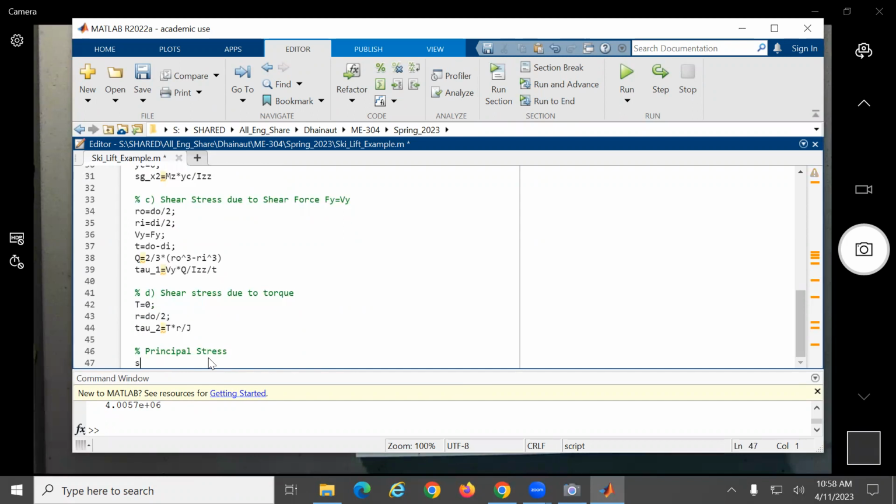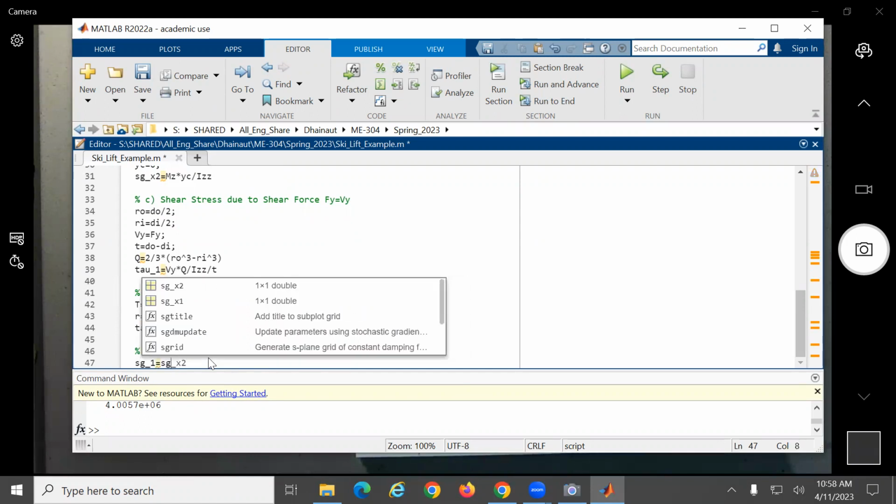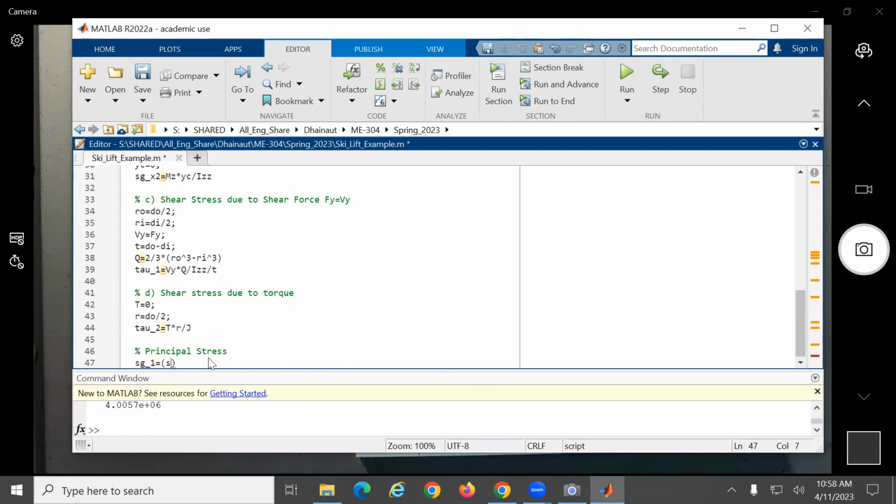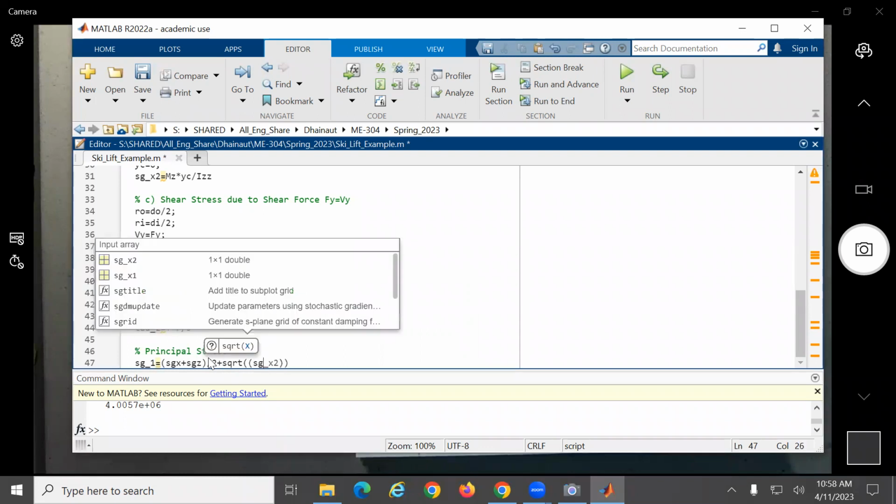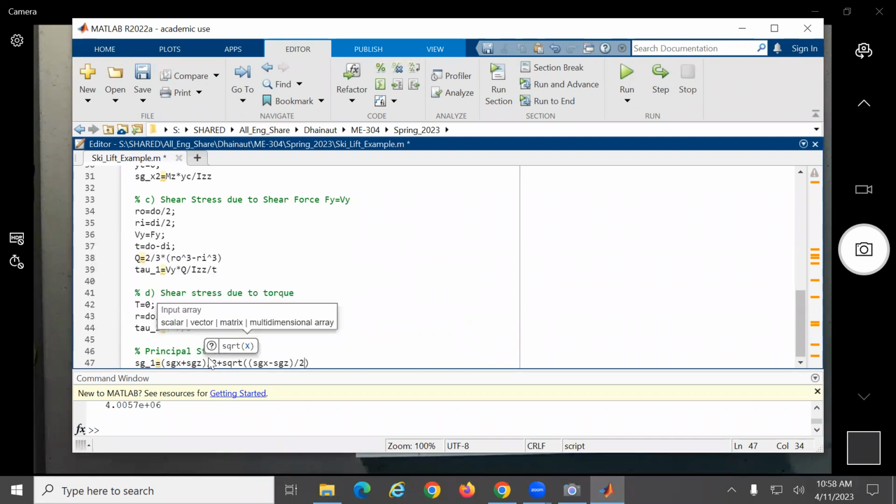So let's say SG1 will be equal to SGX plus SGZ divided by 2 plus SQRT of SGX minus SGZ divided by 2. Another parenthesis here, I guess.